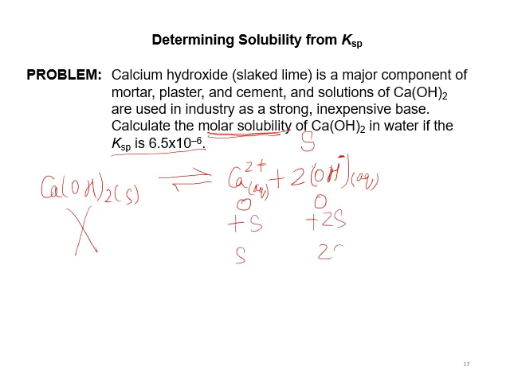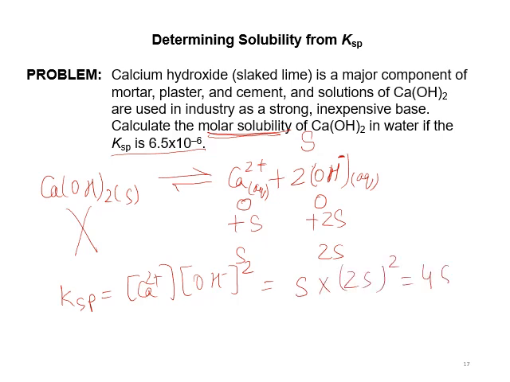Final is S, 2S. So my Ksp for this salt is the calcium ion concentration times the hydroxide ion concentration squared. So it's going to be S times 2S squared, which is 4S cubed. So Ksp is 6.5 times 10 raised to the power minus 6 equals 4S cubed.